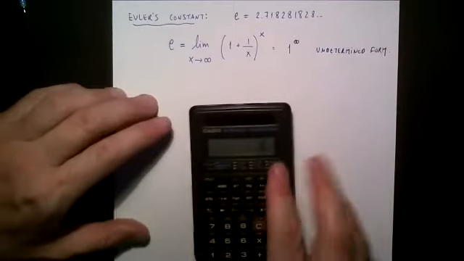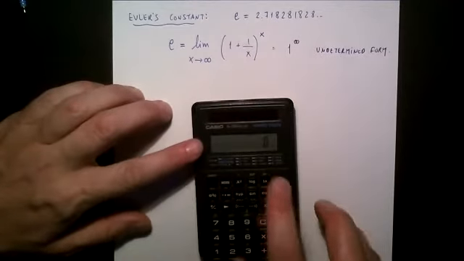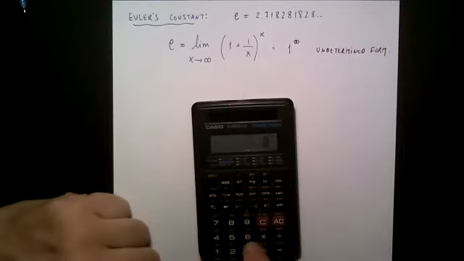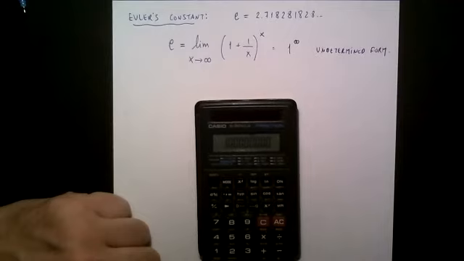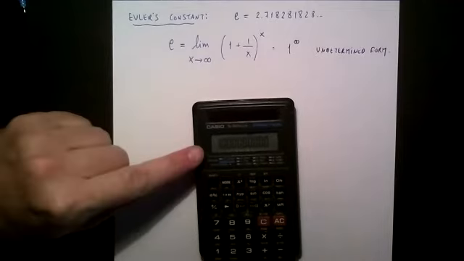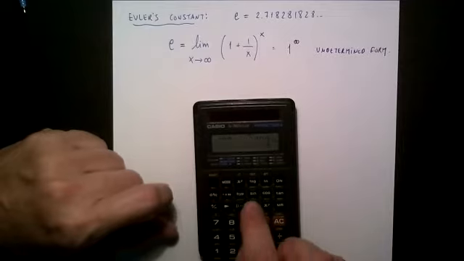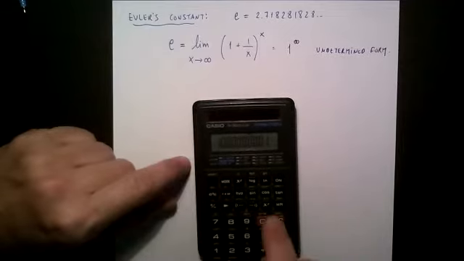The proof for that is that if you start putting big numbers for x, for example, let's say x is 1 billion. So 1 over that plus 1, I get 1.000000001 power 1 billion.